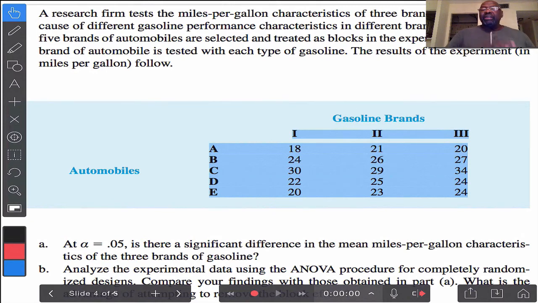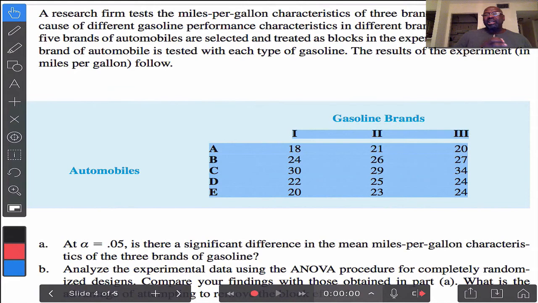Here, if I use 15 cars, 5 each, that is a balanced design, but still one-way ANOVA. Now I'm using 5 cars, but I'm repeating the experiment, and that's two-way ANOVA. So I hope we get the difference between one-way and two-way ANOVA. The benefit of two-way ANOVA over one-way ANOVA is that you're controlling some of the added variation.